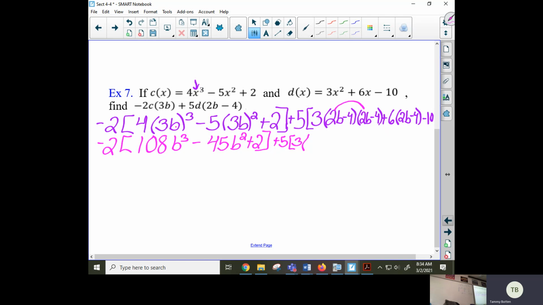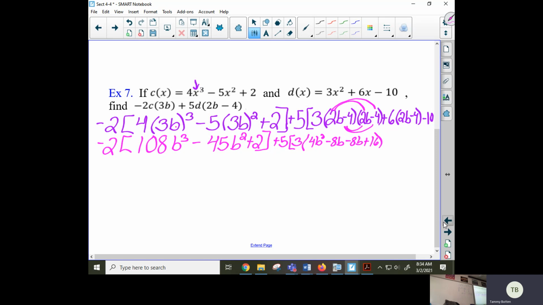Okay, so we do the first. 2b times 2b is 4b squared. 2b times a -4 is -8b. Inside is also -8b. And a -4 times a -4 is a +16.